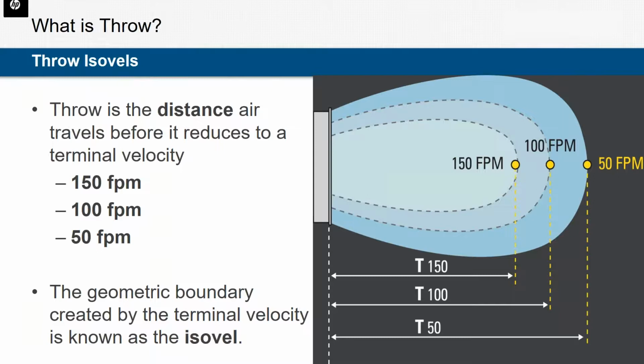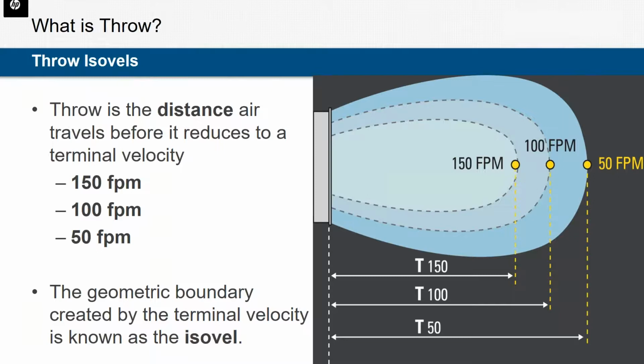As long as there is a heat load in the room or some type of supply air jet within the room, that will always drive continuous air motion, and the air will never effectively reach 0 feet per minute. However, we can describe how far the air travels before it slows down to a specific velocity. We can reliably do this up to about 50 feet per minute before other factors within the room would start affecting the room air motion.